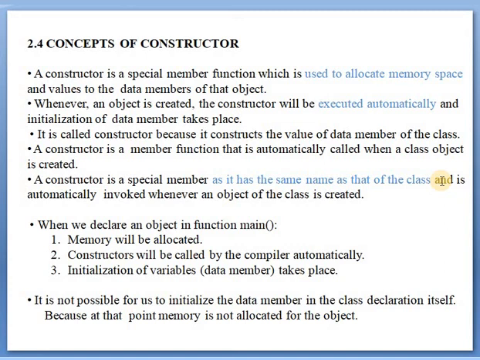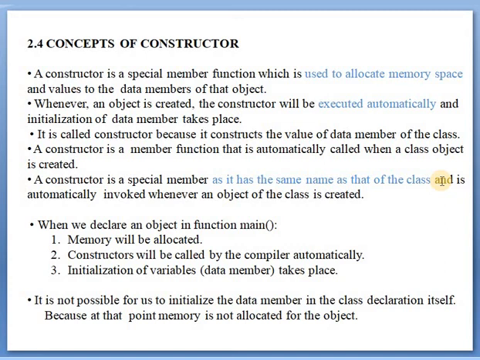After that, first memory will be allocated to that object. Suppose we have declared one object, then memory is allocated to that object. If we define an array of objects, the memory will be allocated for those objects. Then after that, the compiler automatically calls the constructor, and after calling the constructor, it initializes the variables, that is the data members.